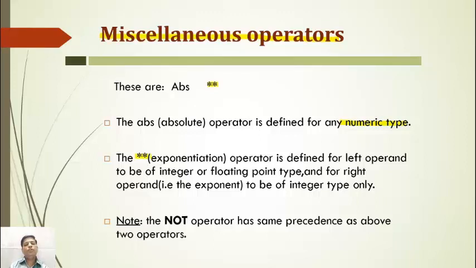The exponentiation operator is defined for the left operand to be of integer or floating point type, and for the right operand, that is the exponent, to be of integer type only. Note, the not operator has the same precedence as the above two operators.